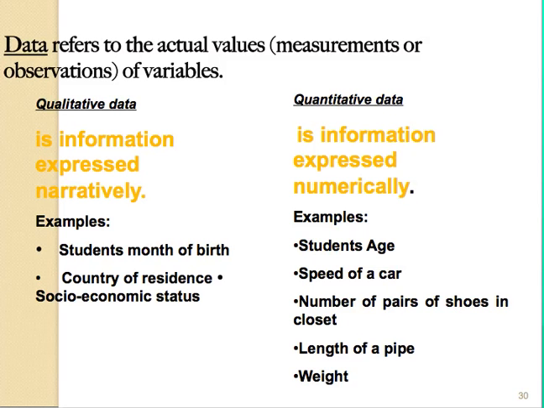So your age gives you a numerical value, so that's quantitative data, while your month of birth, September, October, January, those will be qualitative data because that's in terms of words.